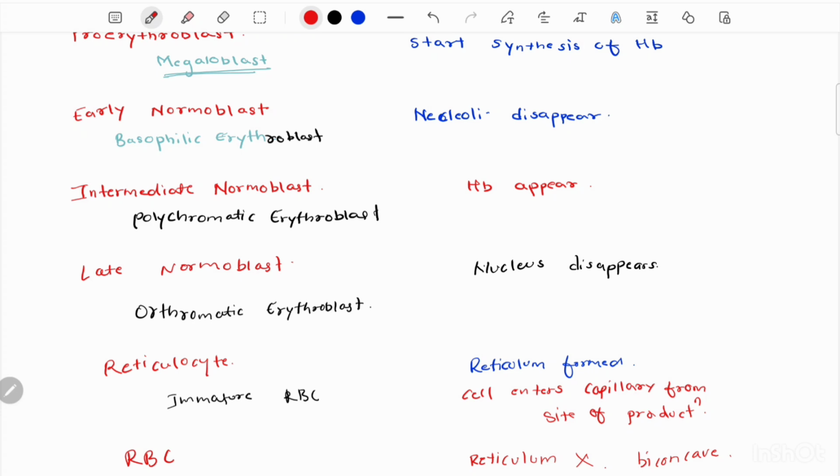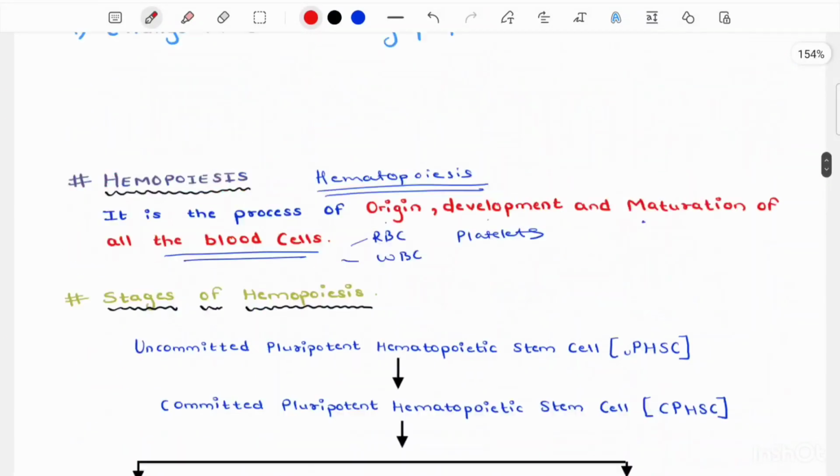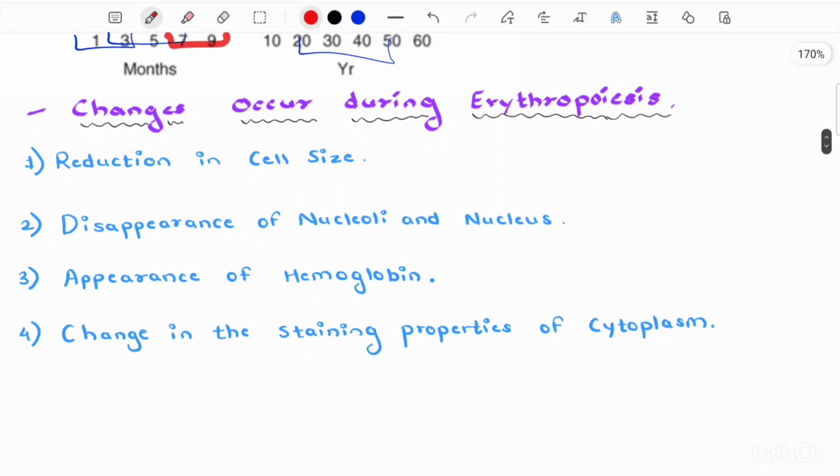So these were the important events during erythropoiesis. Are you able to tell me what are the different changes that occur during erythropoiesis? The first thing we saw was reduction in cell size. From 20 micron, it came down to 7 to 7.4 micron. The second change was disappearance of nucleoli. In which stage? Do comment and let me know. And the nucleus also disappears in the late normoblast stage. The third important change was appearance of hemoglobin.